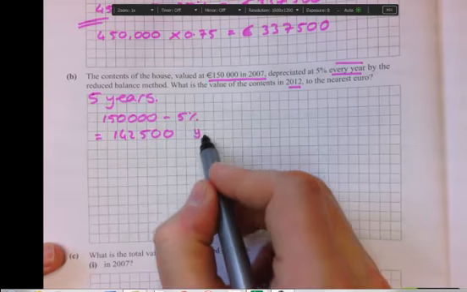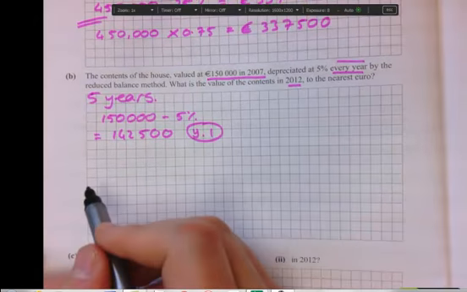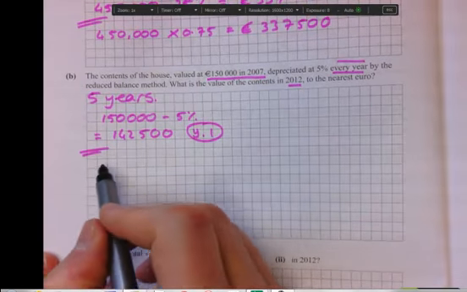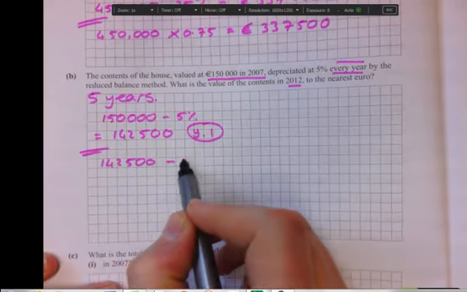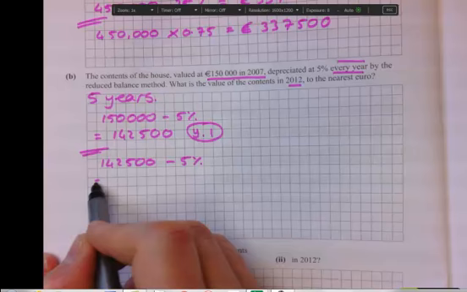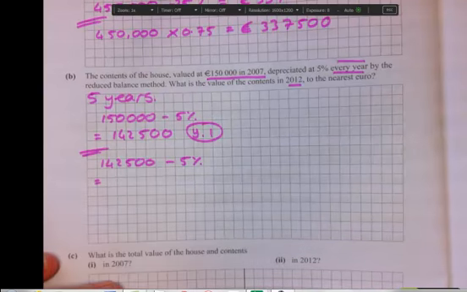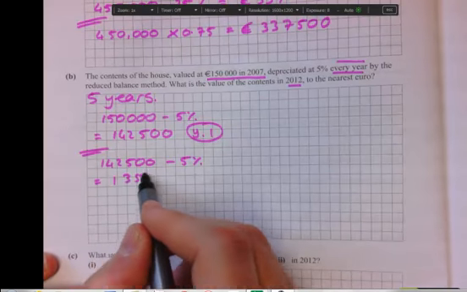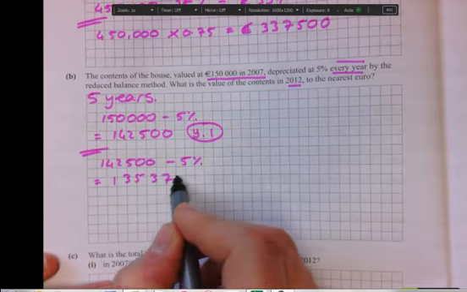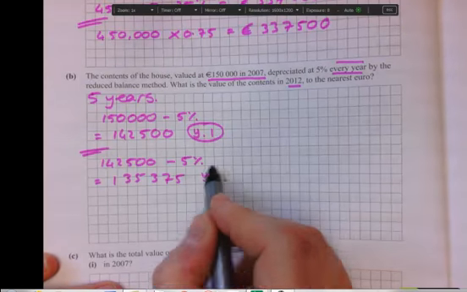That was at the end of year 1. Then you take that figure, 142,500, and take off another 5%, and you'll end up with 135,375, and that's at the end of year 2.